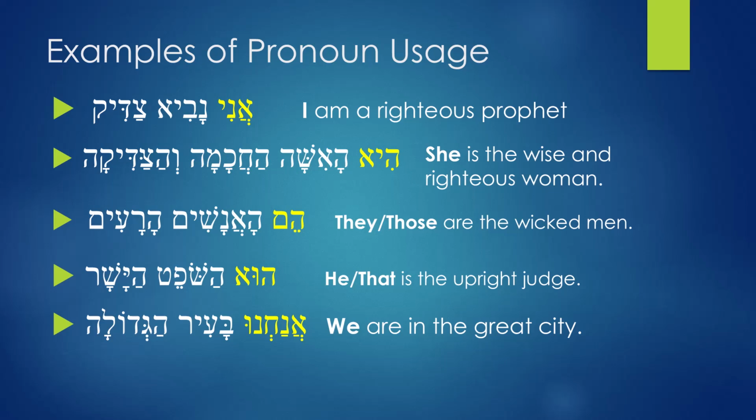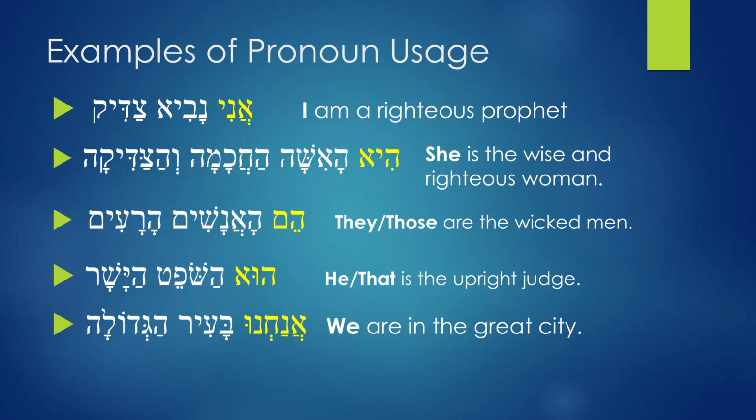Next phrase, Hu hashofet hayashar. How do you translate that? Remember, hu means he. Hashofet, you have two things: the definite article ha, and shofet, which means judge.